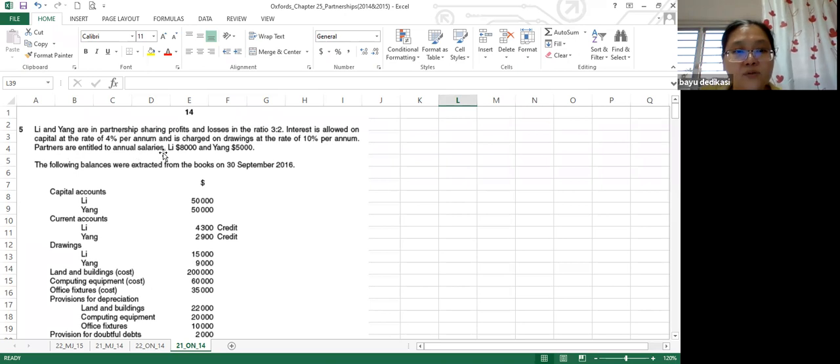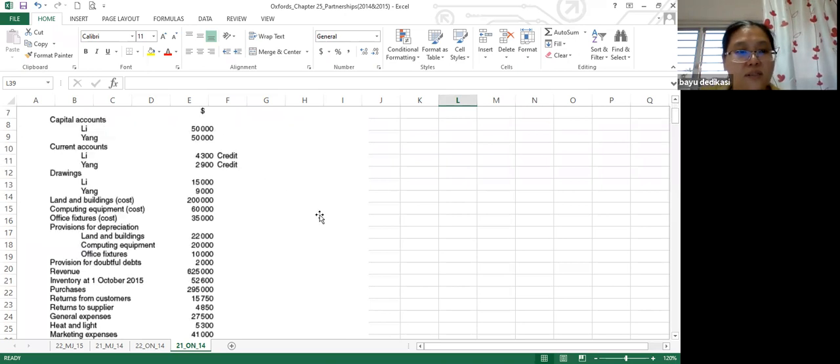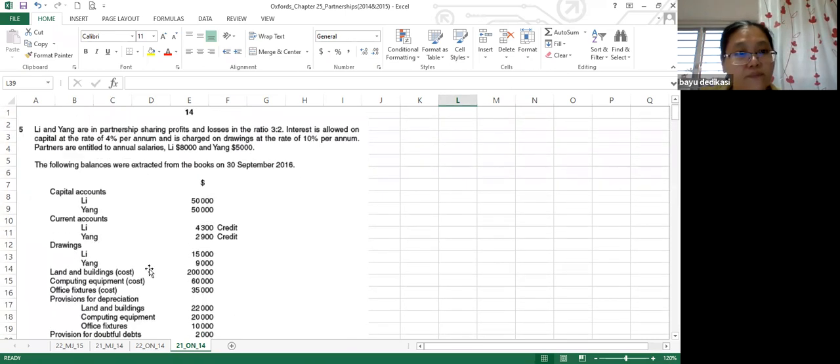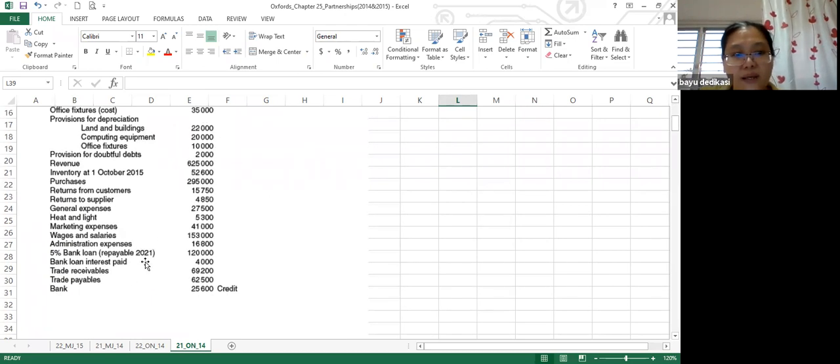Partner entitled to the salary, Lee 8,000, Yang 5,000. So what are the information that we see? This account is 2016 and the loan is going to be repayable in 2021. So that means this bank loan is a non-current liability.